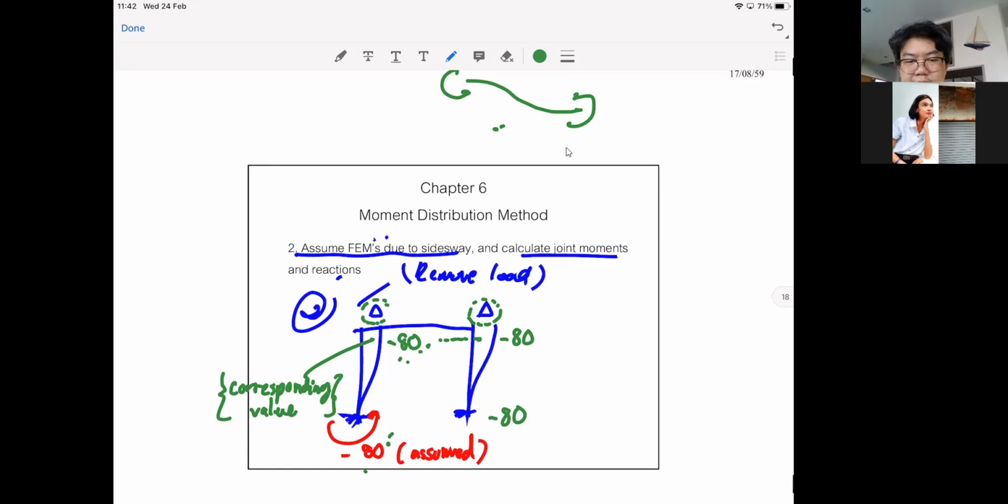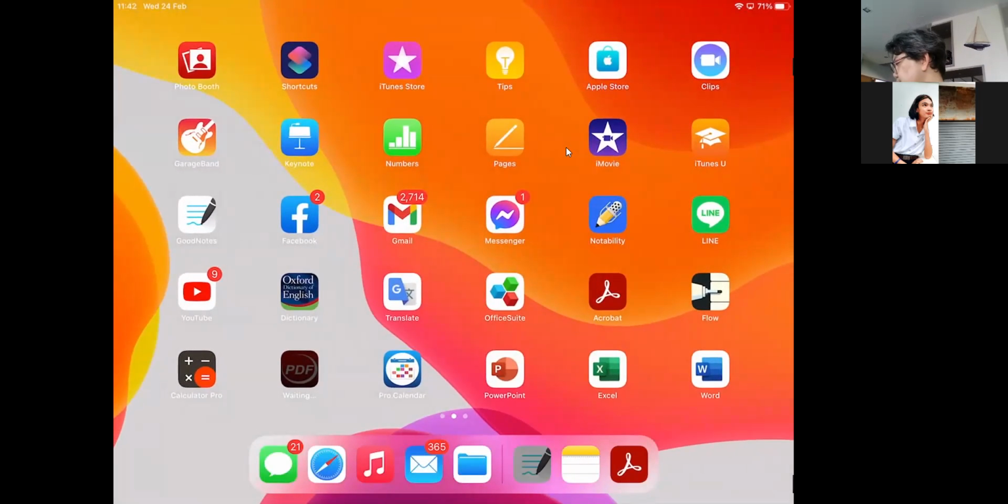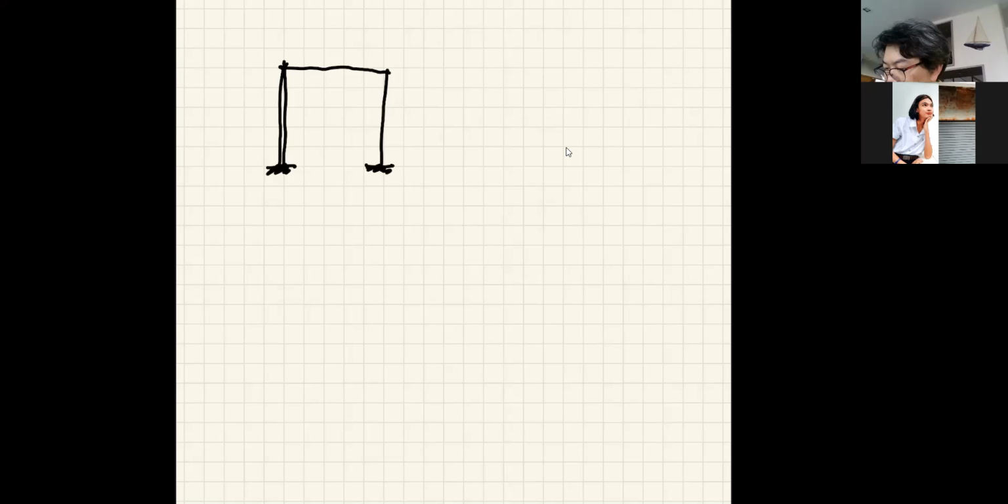Okay? And I think it's better that I give you some numbers so you get to feel it better. So let's say here, I'm going to give you the real case that I just drew. All right, so let's say we have the frame like this, and I have the load here.